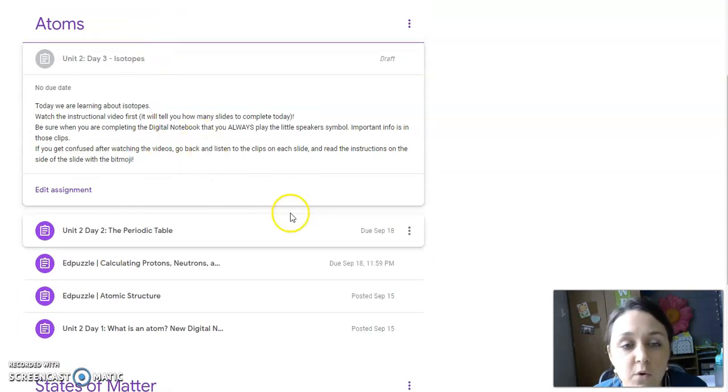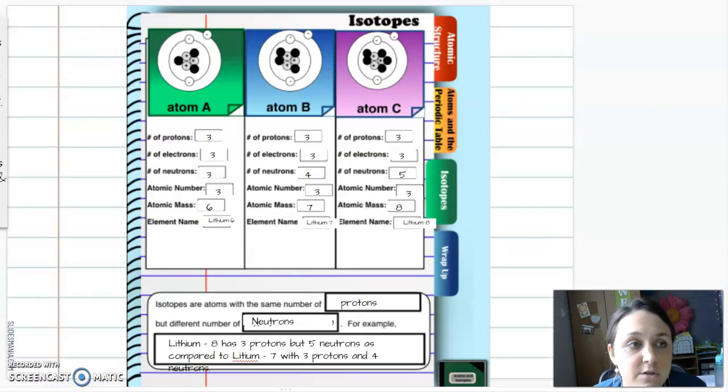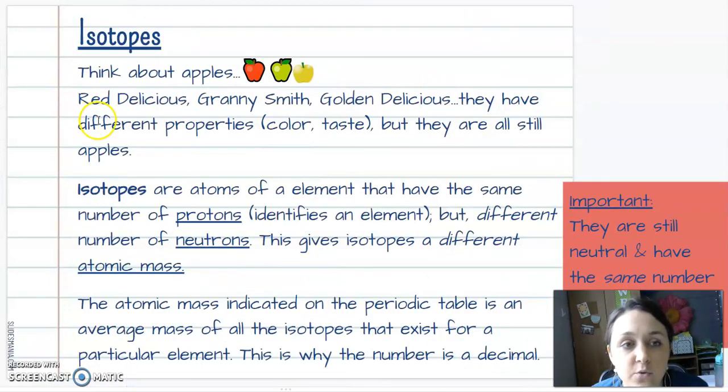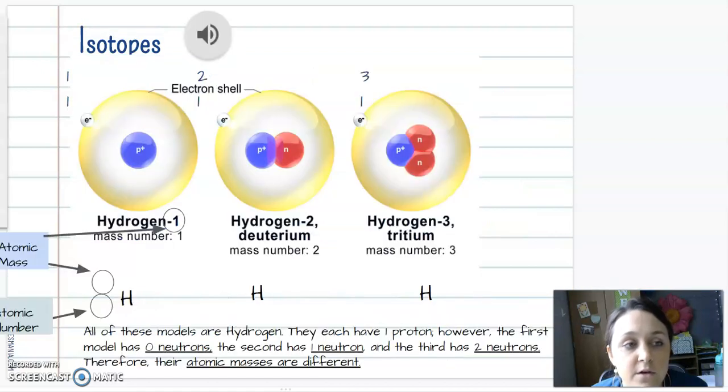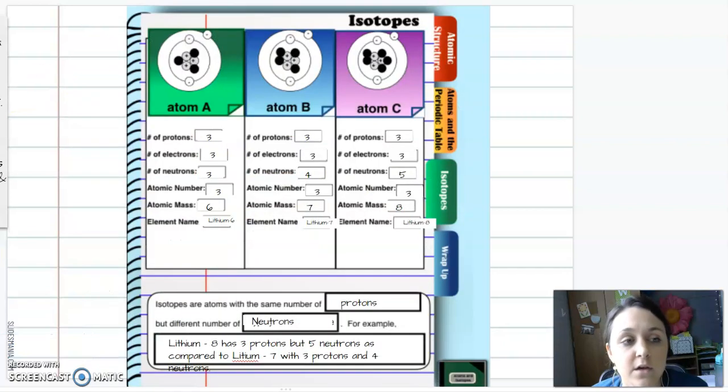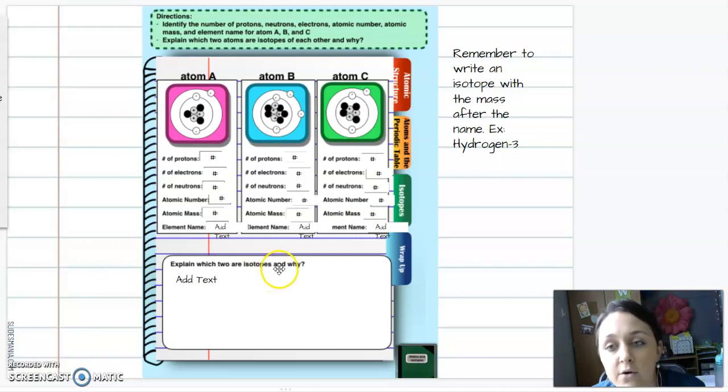We are going to be watching this video first, and then you're going to go to your digital notebook. You're going to read through slide 22, slide 23. For me, it may be different for you. You're going to watch this video while playing the speaker. You're going to look at how we did this slide right here, okay? And then you're going to do this slide on your own.